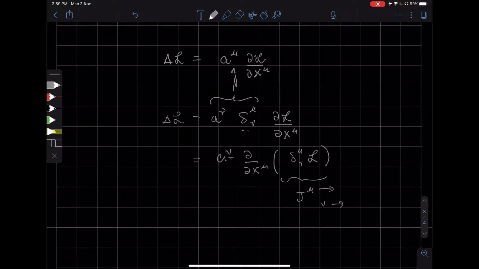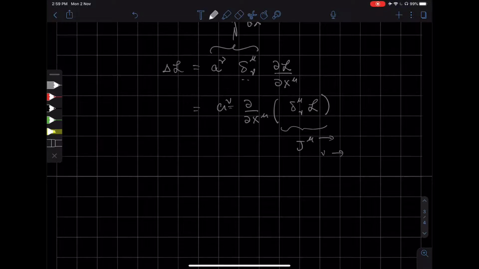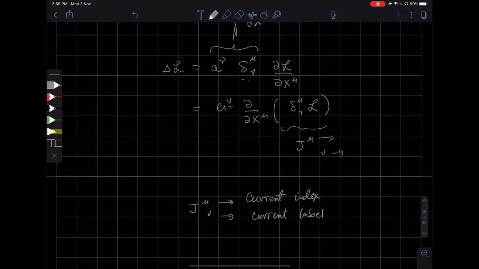So if I write J mu nu, this is the current index and this is the current label.